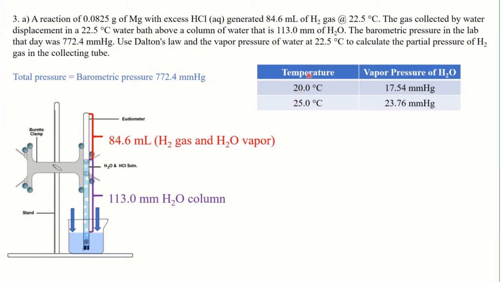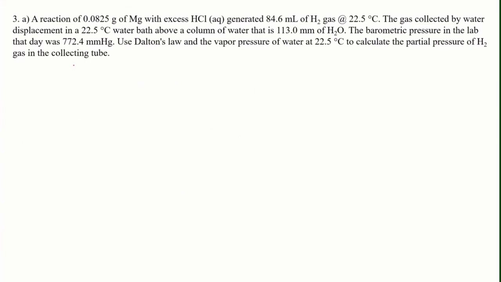At 20 degrees Celsius, the vapor pressure of water is 17.54 millimeters of mercury. At 25, it's 23.76 millimeters of mercury. So I know that at my water bath temperature, my vapor pressure of water will be between these two measurements, 17.54 and 23.76.